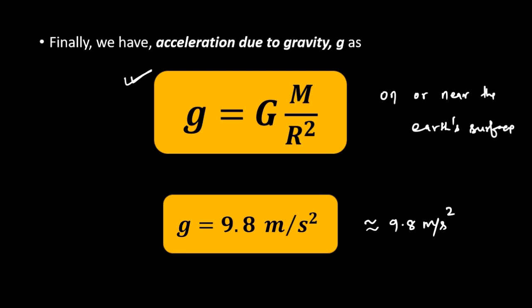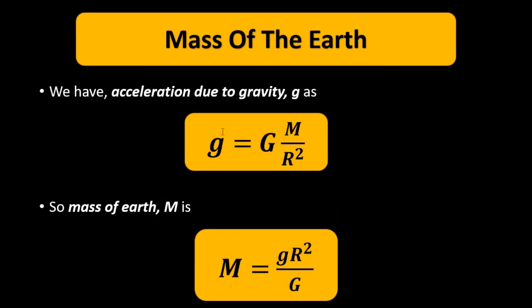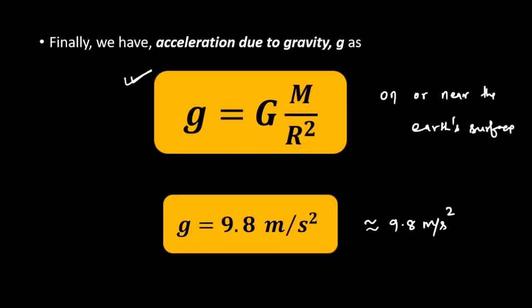So from here we'll determine the mass of the Earth. We'll try to find out the approximate value of mass of the Earth. So we have got acceleration due to gravity, small g is equal to capital G, capital M by R square. So we can write the mass of the Earth, capital M, is equal to small g, capital R square by capital G. Now we know the value of small g, acceleration due to gravity, 9.8 meter per second square.